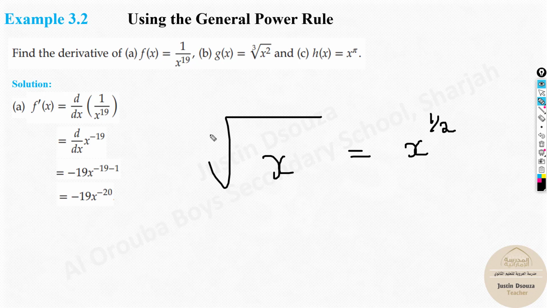It's half. Now actually over here you might have noticed this is 2. If there is nothing written, it is assumed to be 2. Now if I have cube roots, say for example 3, you can write it as a fraction. Whatever it is, you just write 1 and then this is divided by 3. This is how you do it.